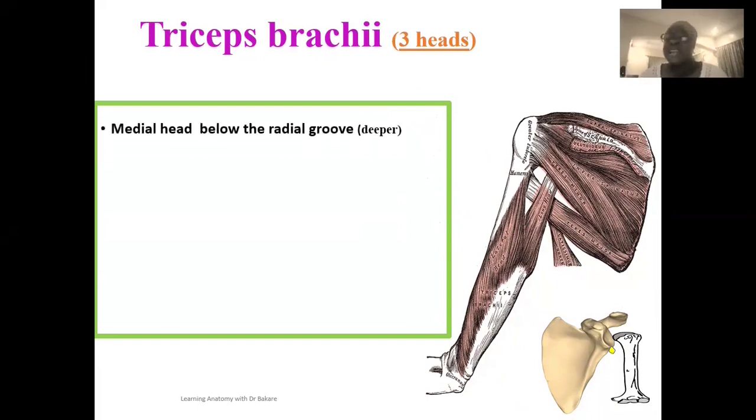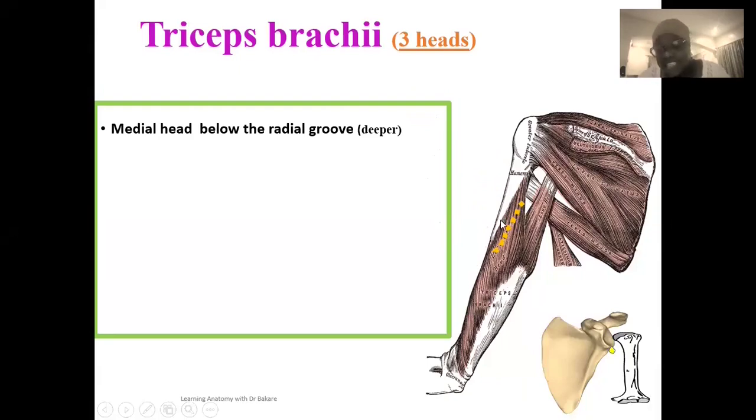So for the medial head, if you go back to this image by the side, there is a groove that is referred to as the radial groove. This radial groove is a spiral depression seen at the posterior region of the humerus. This landmark is used to establish the points of origin of both the medial and the lateral heads of the triceps brachii muscle.